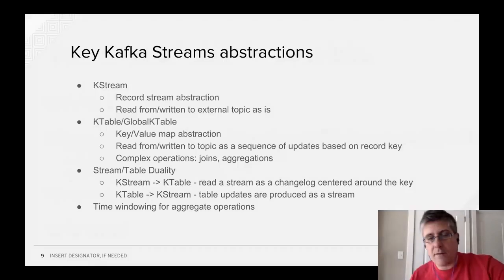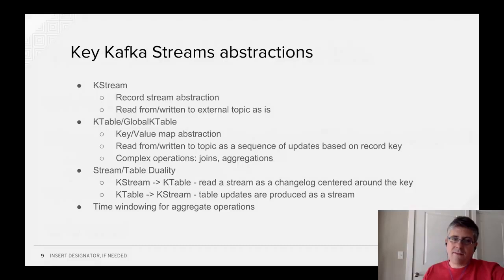This table comes with its own set of complex operations, joins and aggregations. So this allows to create, for example, complex operations such as materialized views over ever-changing data streams.